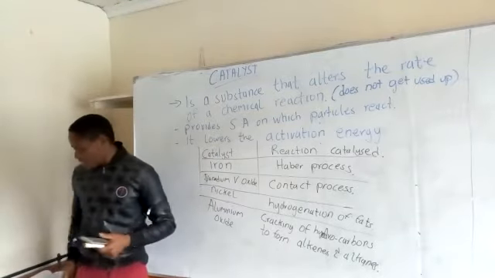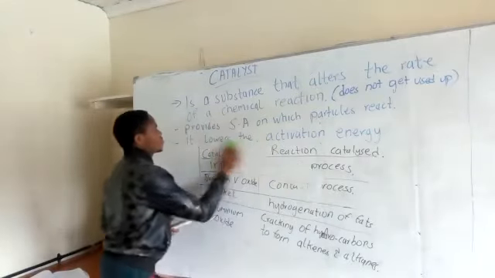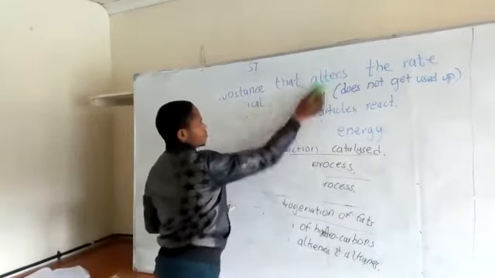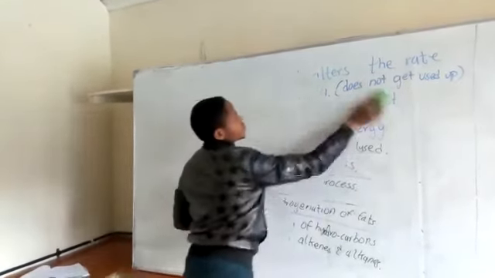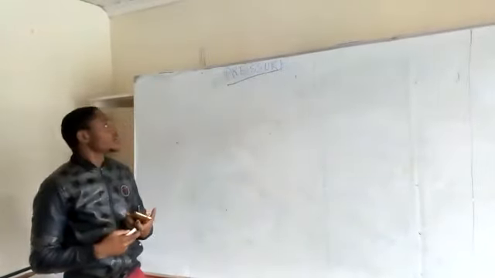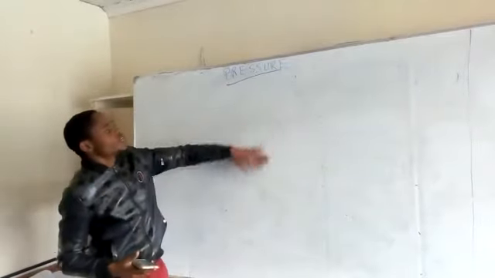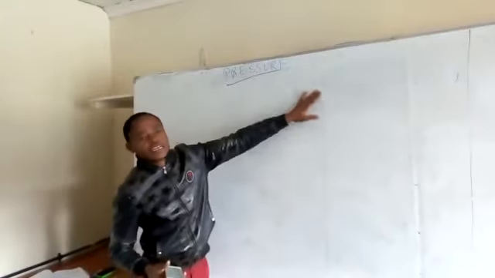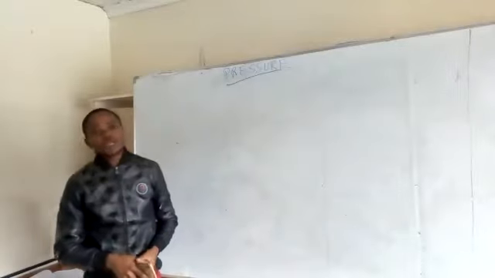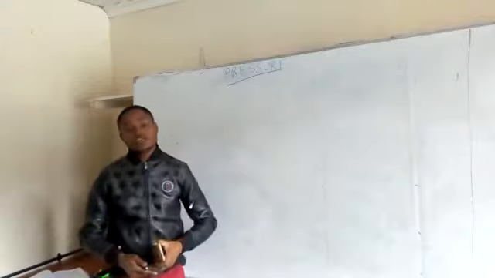How does pressure affect the rate of a reaction? So pressure, in case one of the reactants that is being used in a particular reaction is a gas, then increasing or reducing pressure will have an effect on the rate of that reaction.